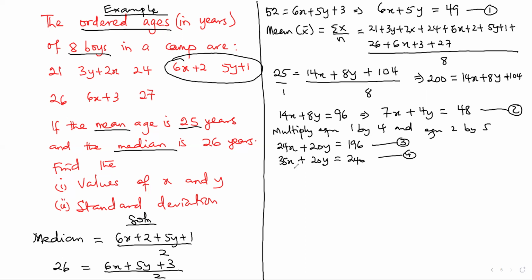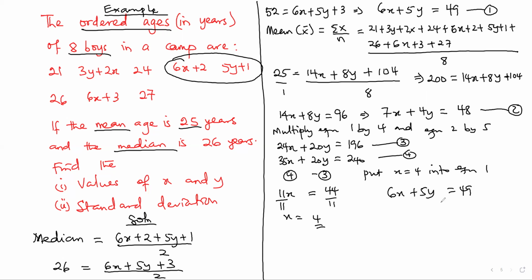So we subtract equation 4 from 3, and we have 11x equal to 44. We divide through by 11, and our x is 4. Then we put x equal to 4 into equation 1, which is 6x plus 5y equal to 49.